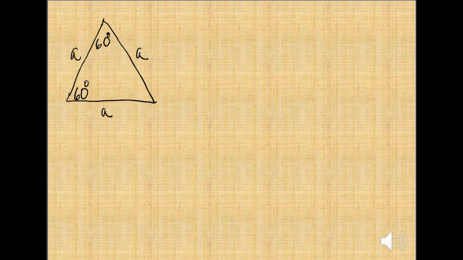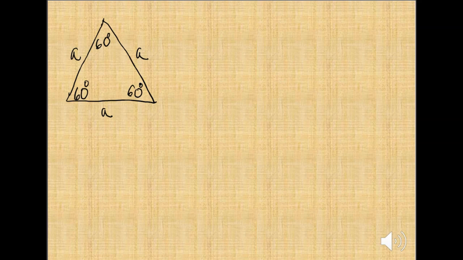I'm going to draw an equilateral triangle here as best as I can. Okay, equilateral means it has all three sides equal. And a triangle has 180 degrees within it. So if that's the case, it must have 60 degrees at each vertex.